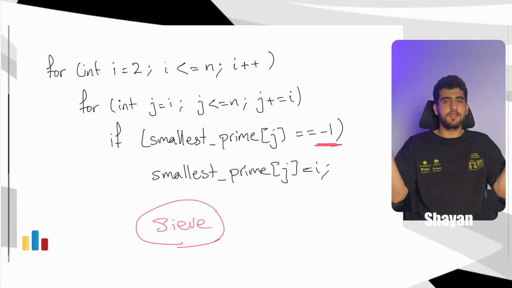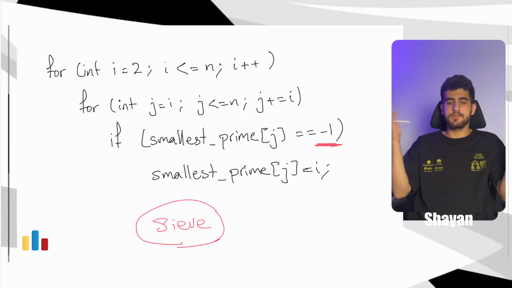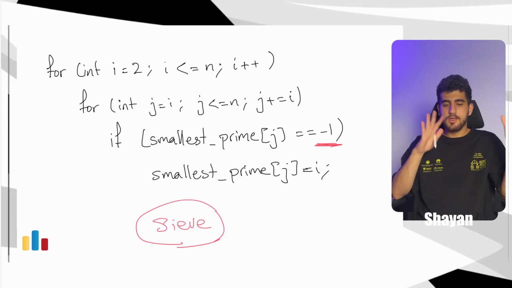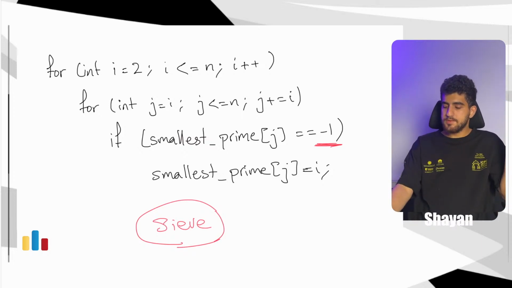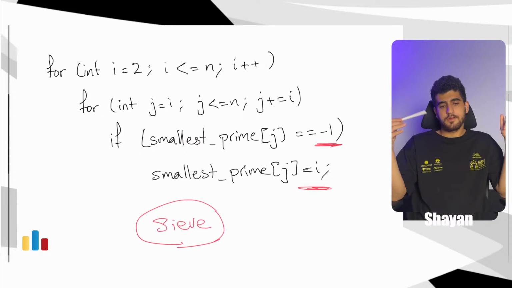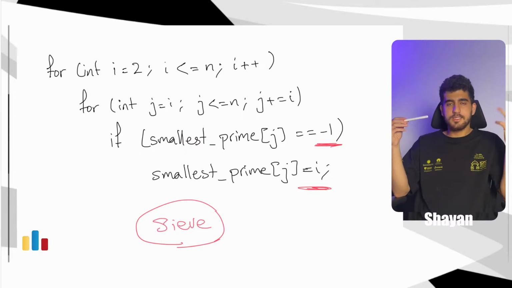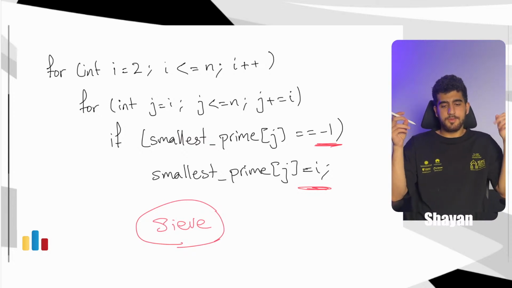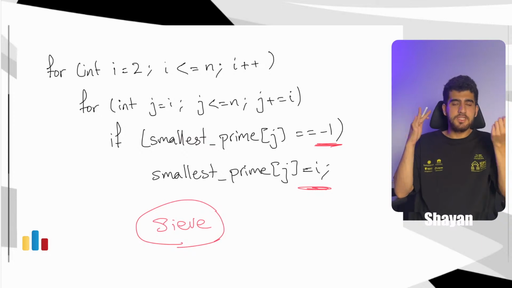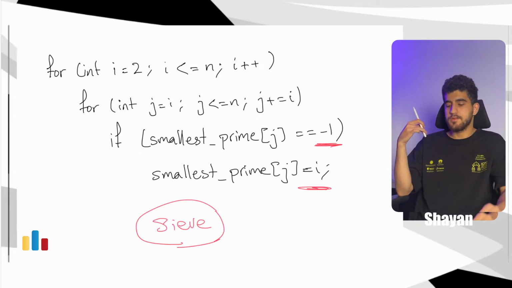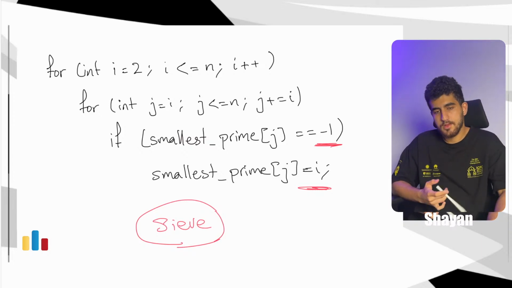We haven't found anything that divides j so far. If that happens, we can say that the smallest prime is definitely i itself. And that's going to be all about this problem. This way Sieve can easily find the smallest prime factor of each j. Does it make sense?